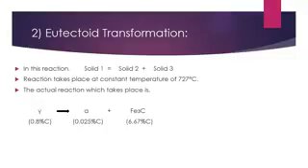Okay, now the next transformation is the eutectoid one. In this reaction, solid 1 transforms to solid 2 plus solid 3. The reaction takes place at a constant temperature of 727 degrees Celsius. The actual reaction is gamma transforms to alpha ferrite plus cementite.